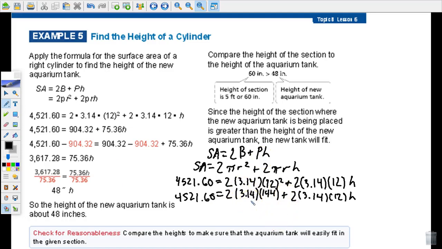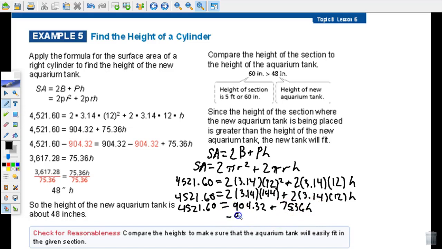So 2 times 3.14 equals 6.28, times 144 equals 904.32, plus 2 times 3.14 times 12 equals 75.36h. All right? And then that equals again 4521.60.